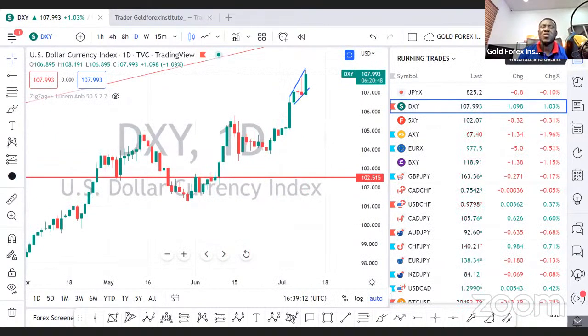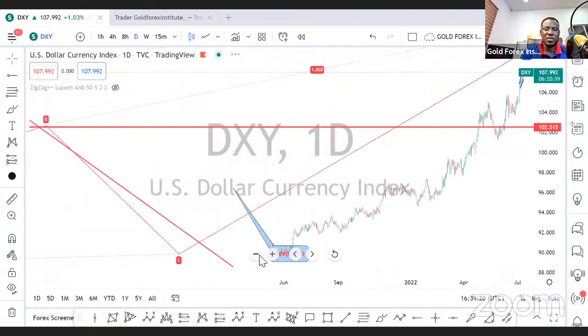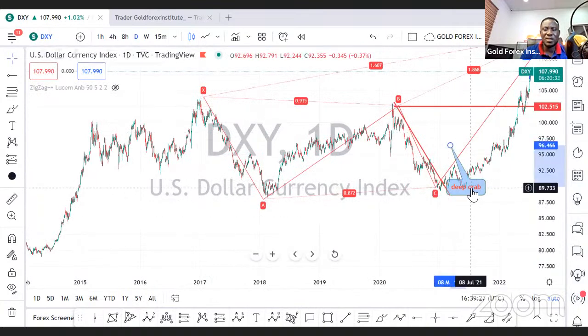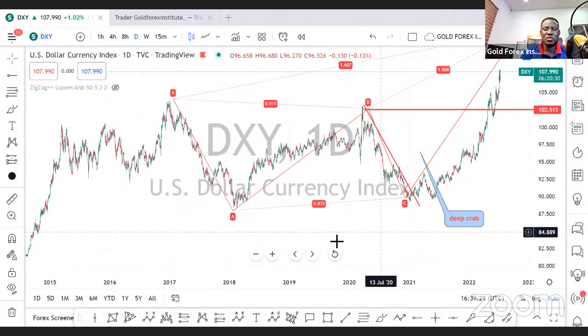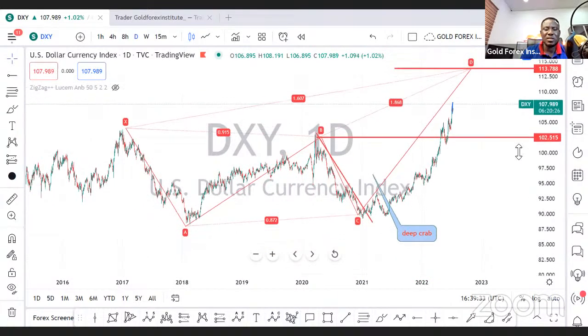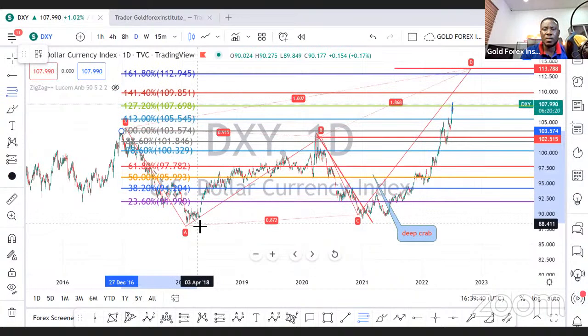Now the DXY. The DXY has a long-term effect and a short-term effect. What I was expecting with the DXY: this pattern is actually a deep crab pattern, so it should be ending at 1.618, let's say around here.